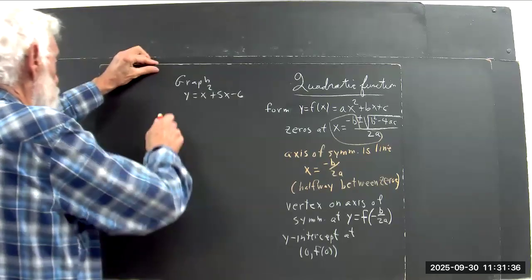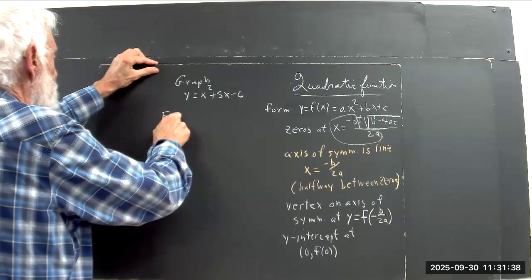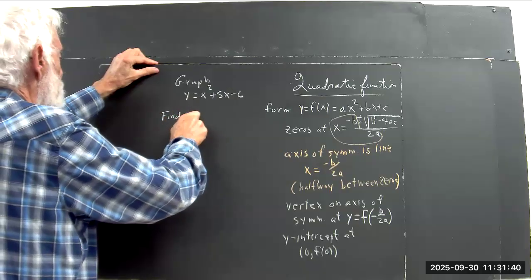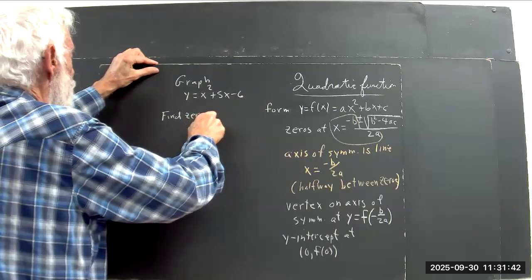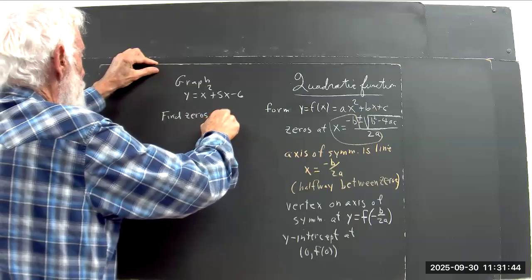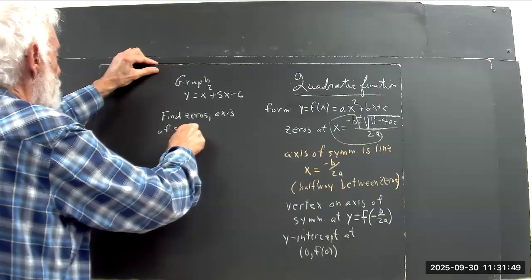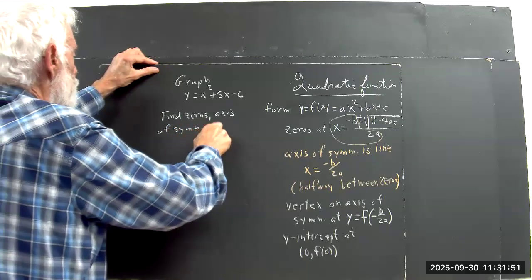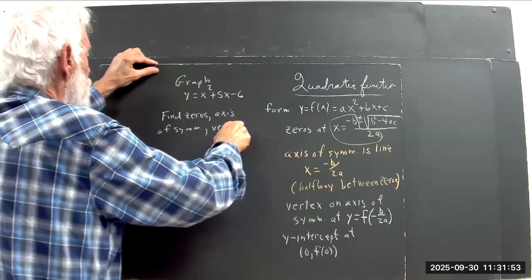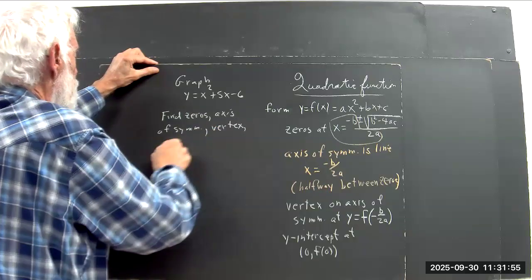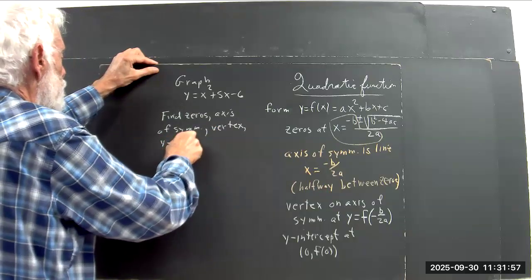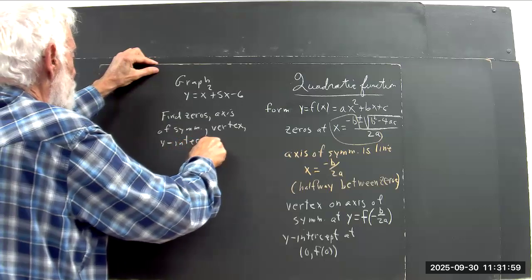Let's find the zeros, the axis of symmetry, and the x and y-intercepts.